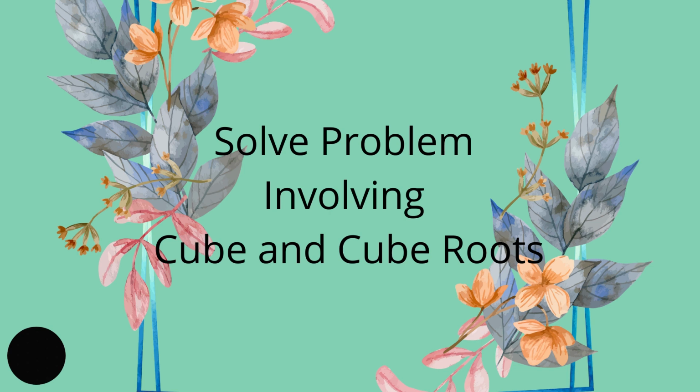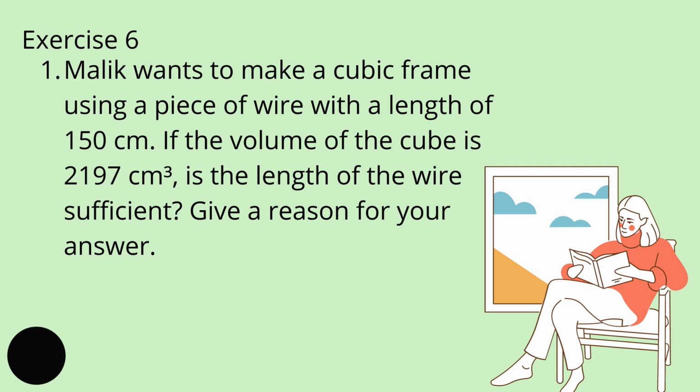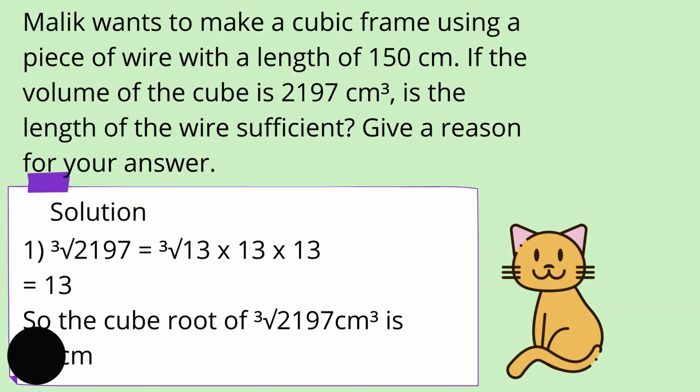Now let's solve problems involving cube and cube root. Malik wants to make a cubic frame using a piece of wire with a length of 150 cm. If the volume of the cube is 2197 cm cubed, is the length of the wire sufficient? Give a reason for your answer.